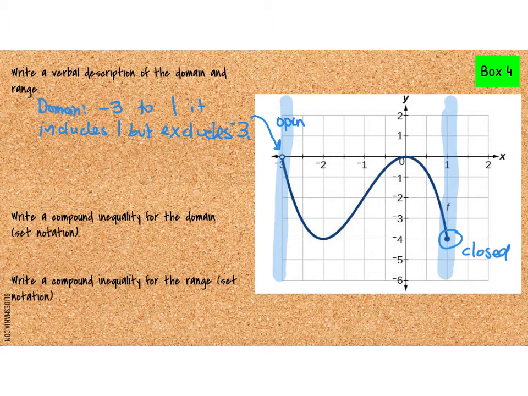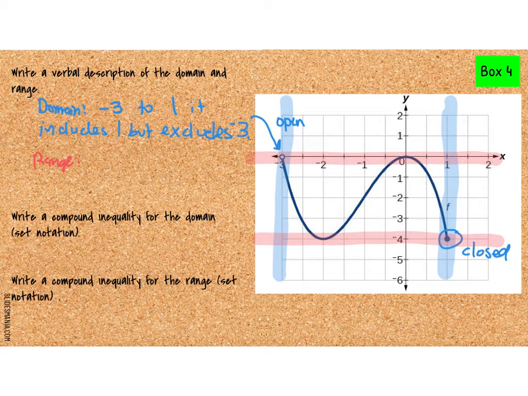Your range is your y values, up and down. Now pay attention, because this is going to be confusing for some of you guys. Your range is the lowest to the highest, or the highest to lowest. In this case, we go from -4 being the lowest to the highest, which is 0.